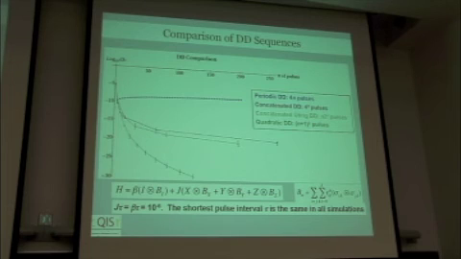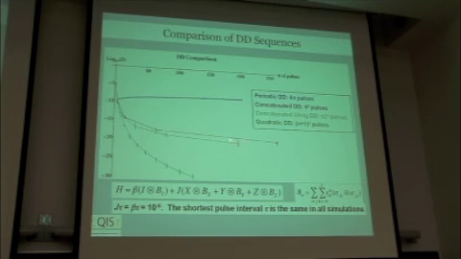The distance between what and what? The distance between the ideal state, where there's no system-bath coupling, and the actual state, which is what you get by having the system-bath interaction plus applying all the pulses. And this is log base 10, so this is 10 to the minus 30 down here. Blue is periodic dynamical decoupling, that's just XZ repeated n times. Purple is concatenated DD.